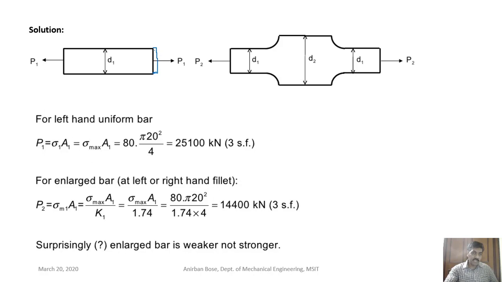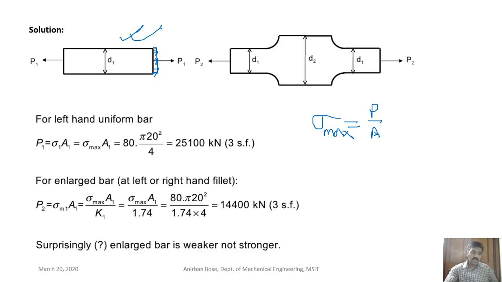Actually sigma average and sigma max are the same because it is uniform over the section. So sigma max into area is the load, because the stress developed here will be simply P divided by that area. There is nothing new in it. So this is the sigma max allowable in this particular case.